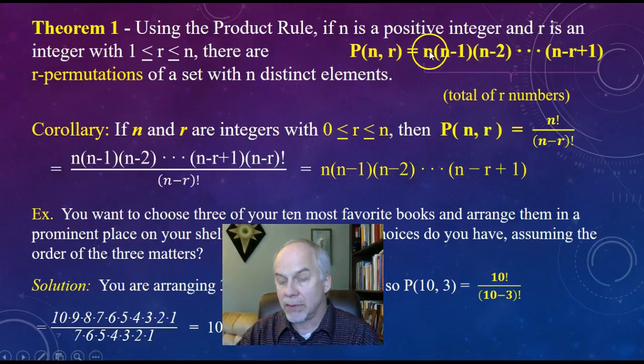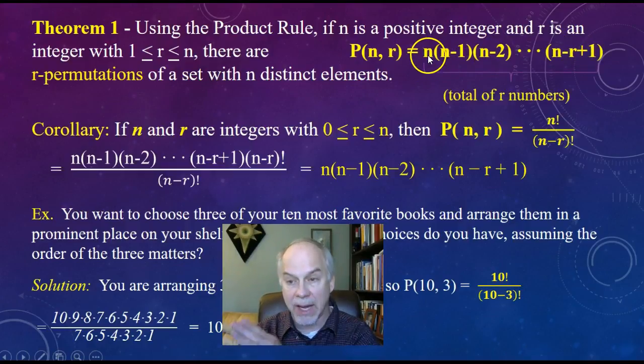Okay, now there's going to be a total of R numbers in this product here, but it starts with N and goes down to N minus R plus 1.